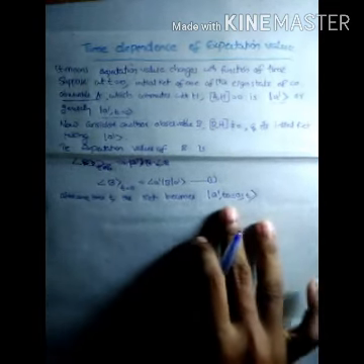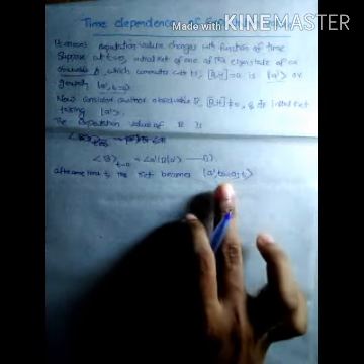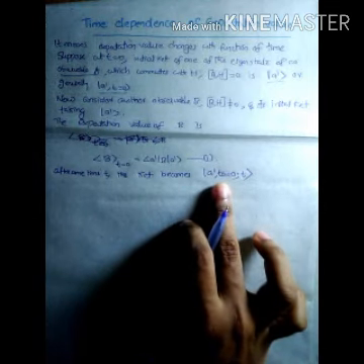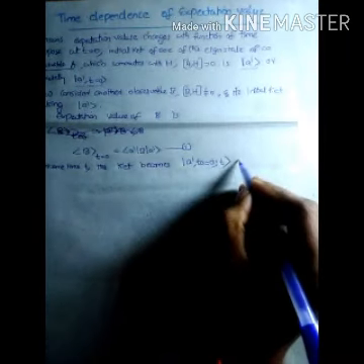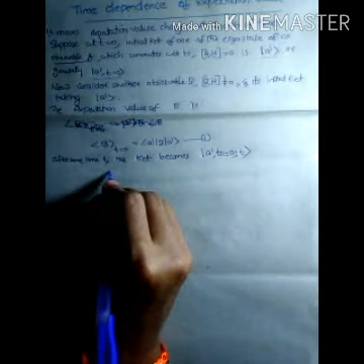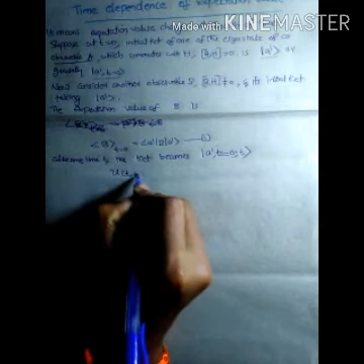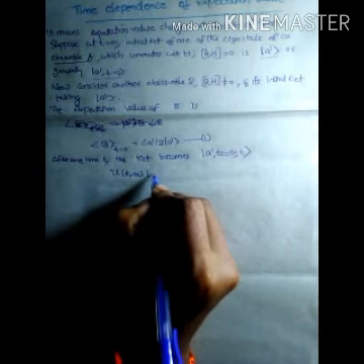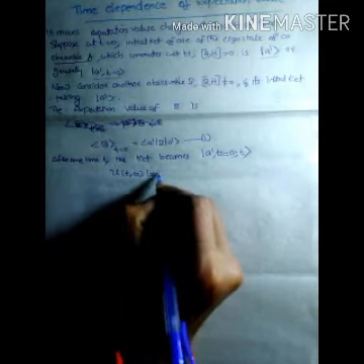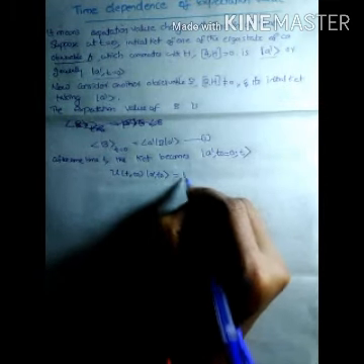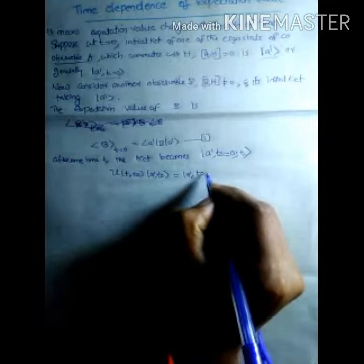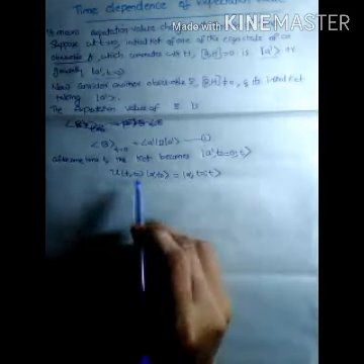Because we already studied the time evolution operator. When the time evolution operator acts on an initial ket, it gives ket alpha, t naught, t.